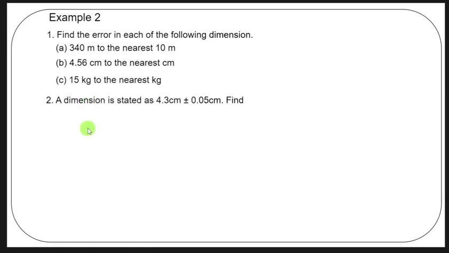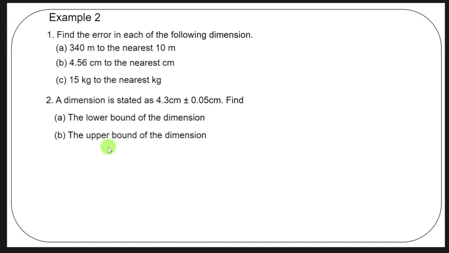Then number 2, a dimension is stated as 4.3 centimeters plus or minus 0.05 centimeters. Find A, the lower bound of the dimension, then B, the upper bound of the dimension.